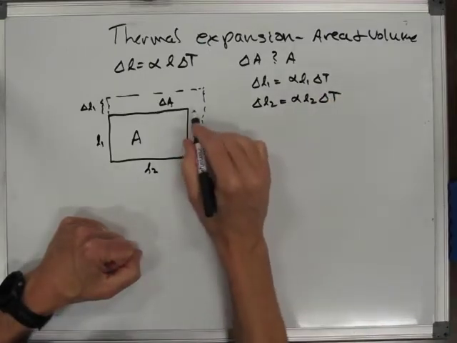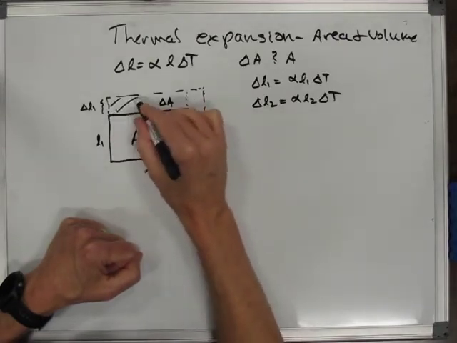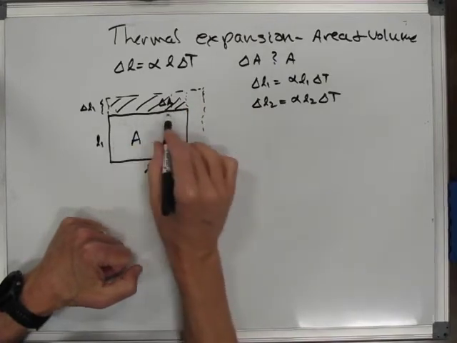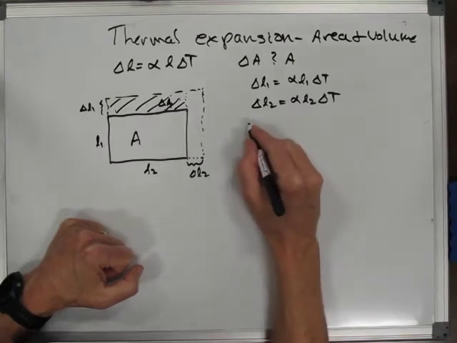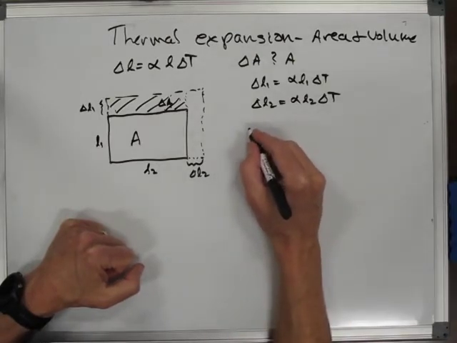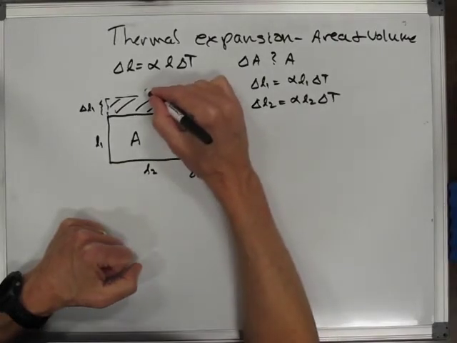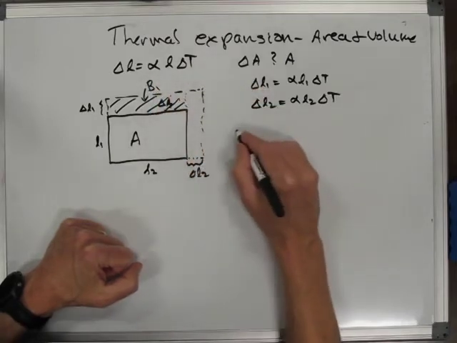And so we can calculate this area right here. Its length is L2, and its width is delta L1. I'll call this B1.